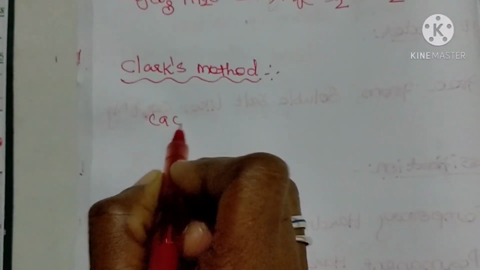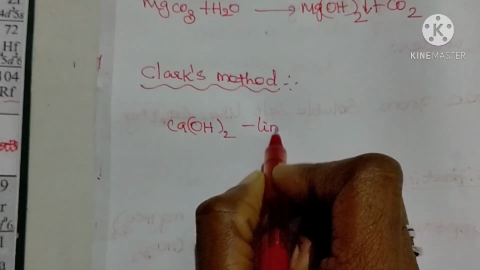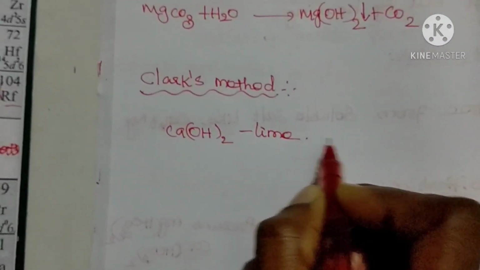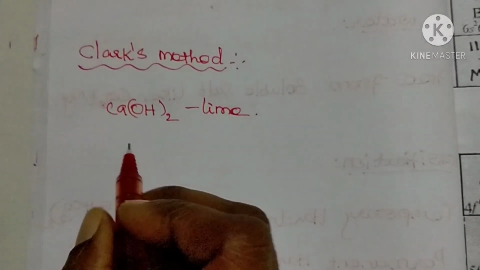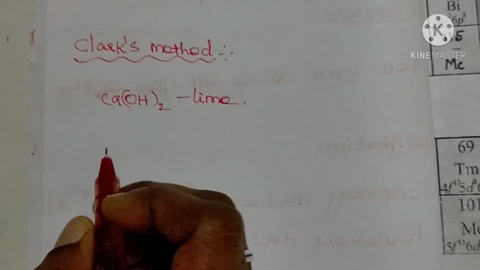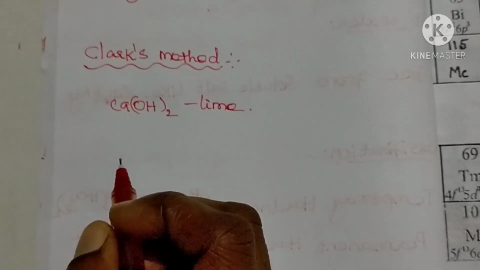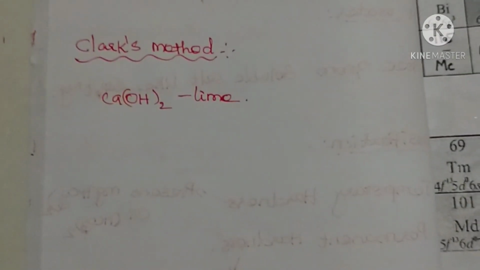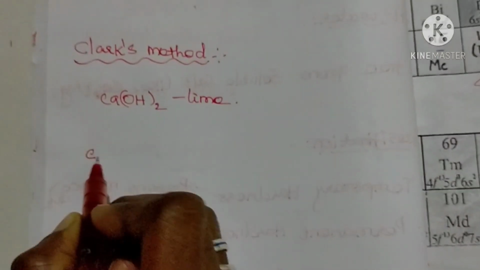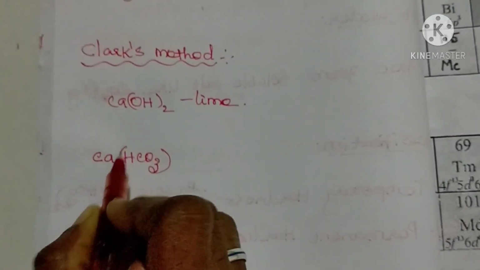Okay. So what is the formula of lime? Ca(OH)2. This is lime. So the calculated amount of lime is treated with the hardness of water. What is the hardness of water? Calcium bicarbonate and magnesium bicarbonate in the temporary hardness.